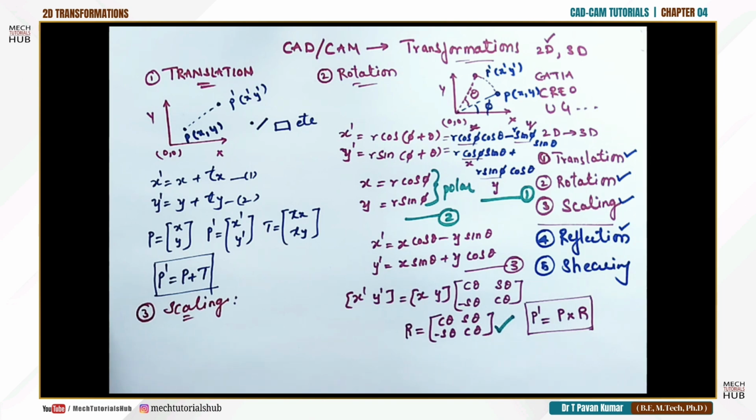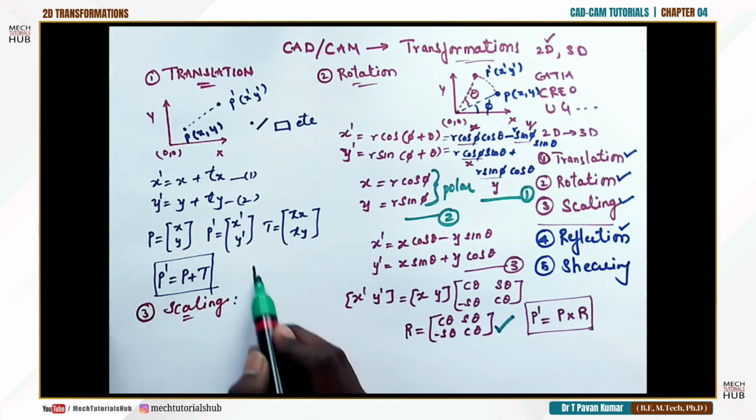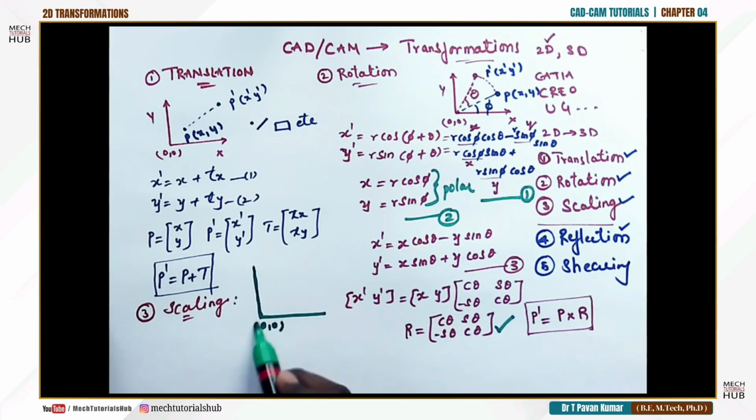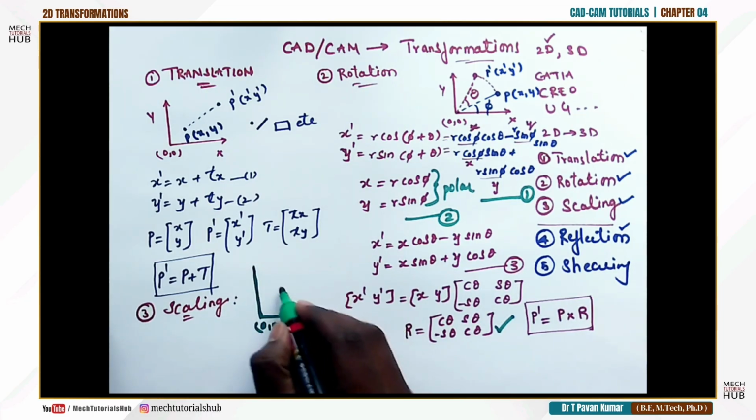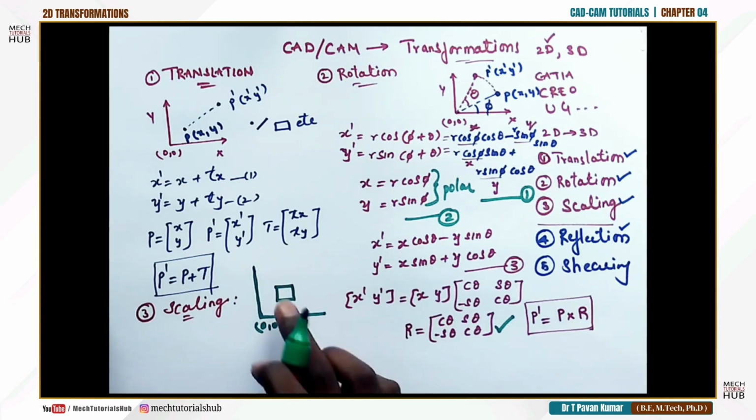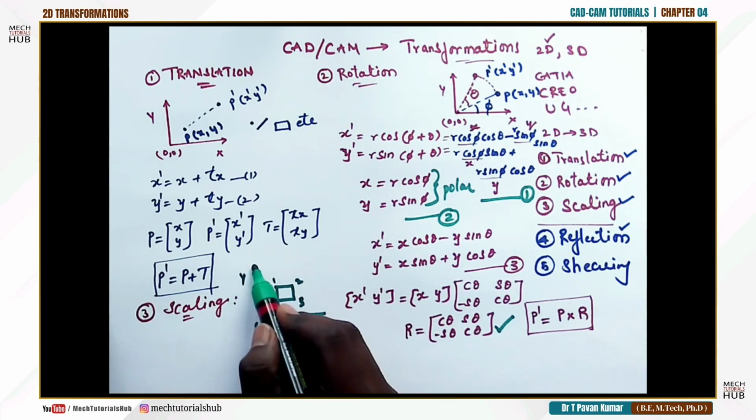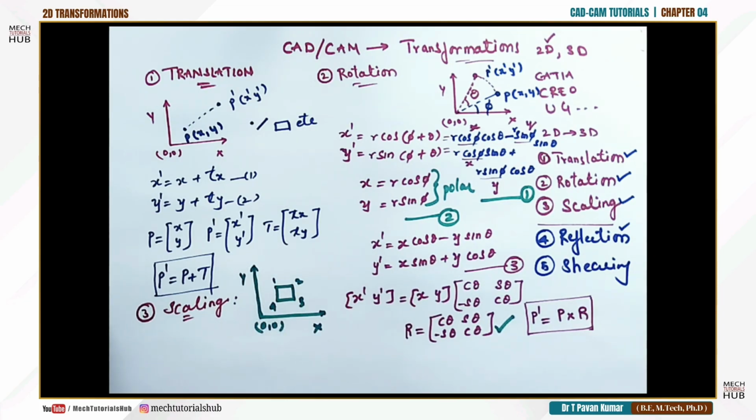In a similar fashion, for example, consider a simple sketch of this kind. There is a coordinate system, 0, 0 is the origin. Let us consider this time a simple square box, and let us take this as corners 1, 2, 3 and 4. This is the y-axis, this is the x-axis.